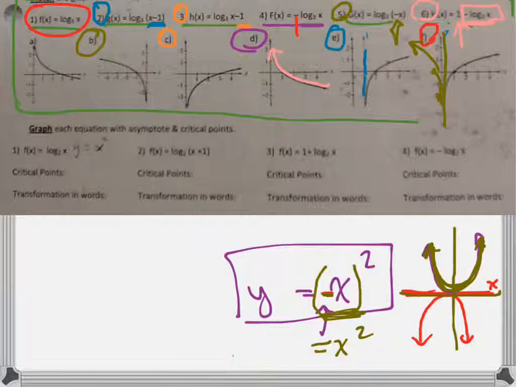That 1 is being added to the outside, right? Adding to the inside moves it to the left, but I'm adding that to the outside. I'm adding that to the y value. It moves everything up. So this whole graph, just shifted up, is right there. See how that's the same graph, but it's just shifted up?